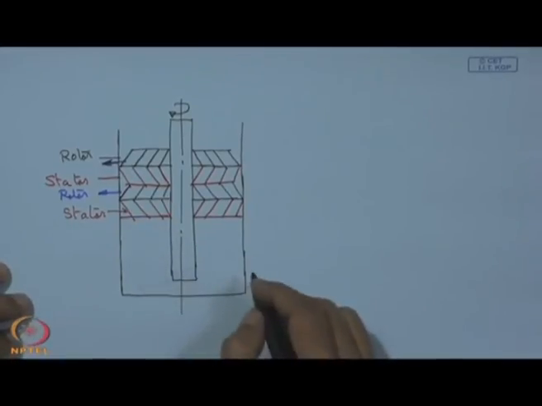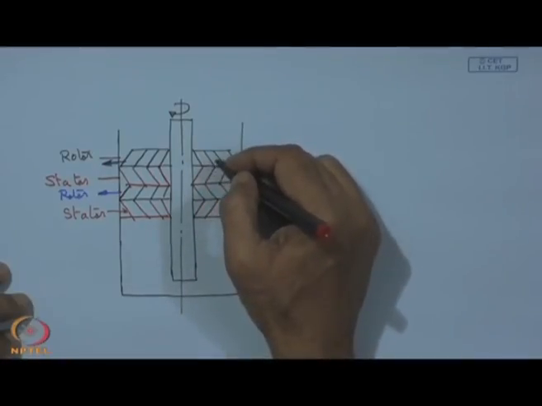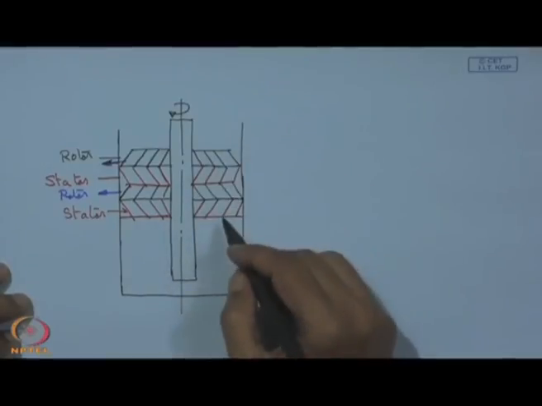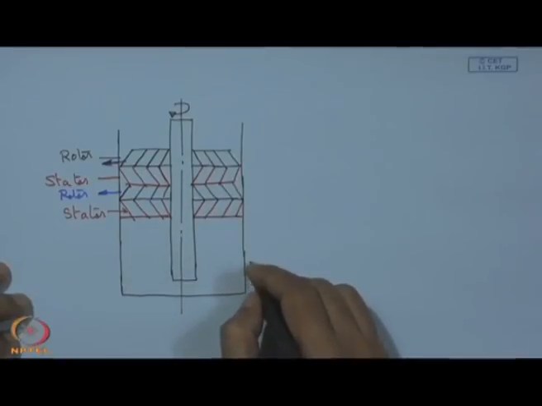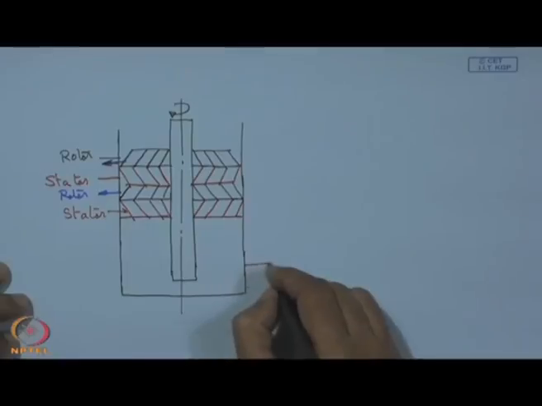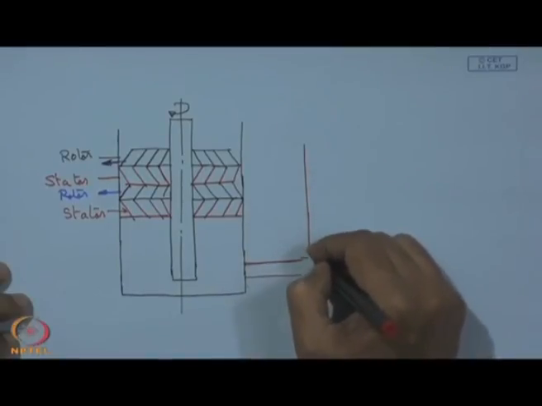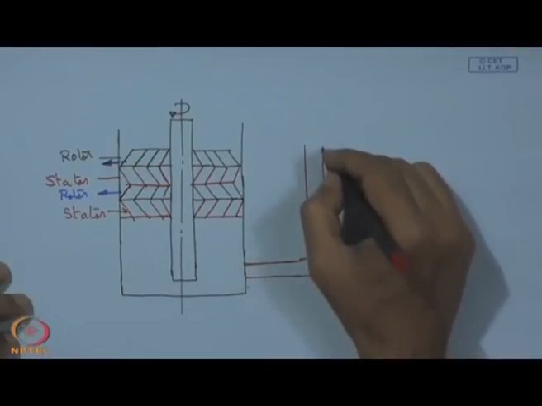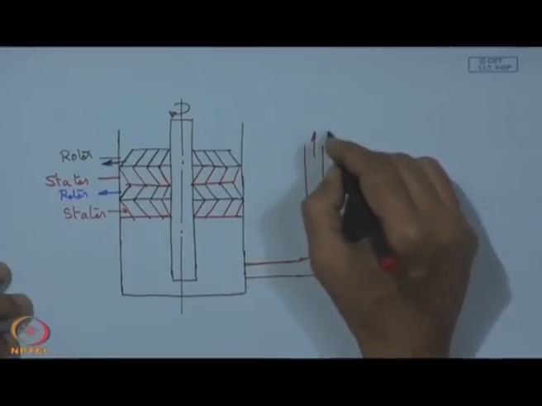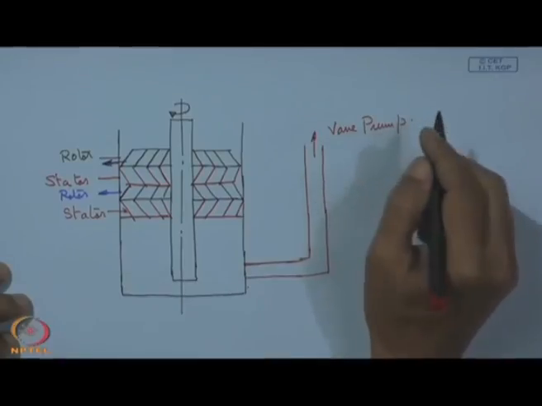I have shown just 2 stages, but we can have 5, 6 stages, and the thing will go on this way. Here we have one outlet from this turbine pump in this direction, and that is just like the backing line of the diffusion pump. That can go to the vane pump. It is just like a backing support.